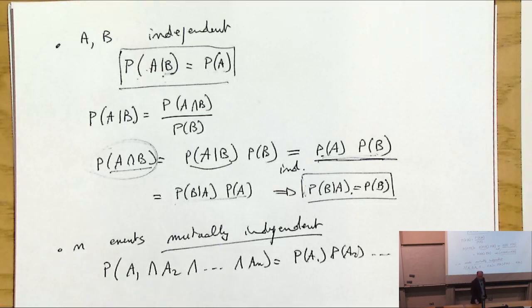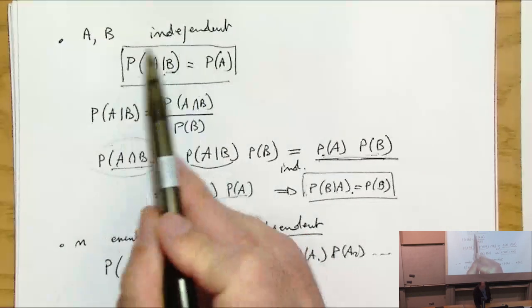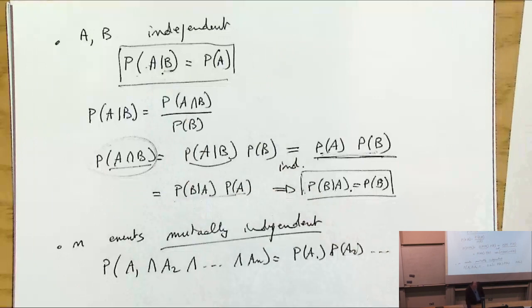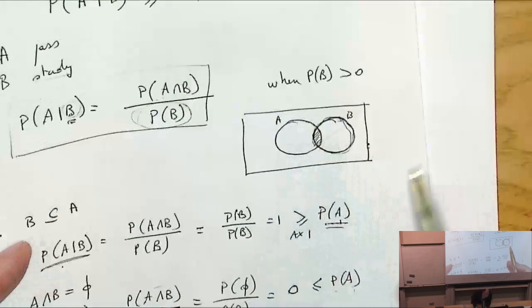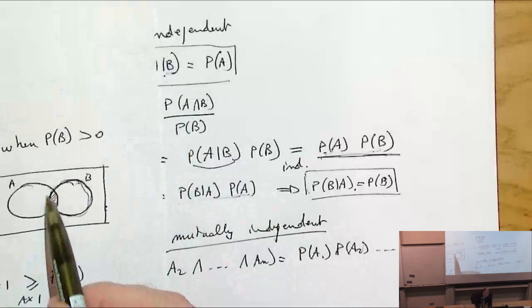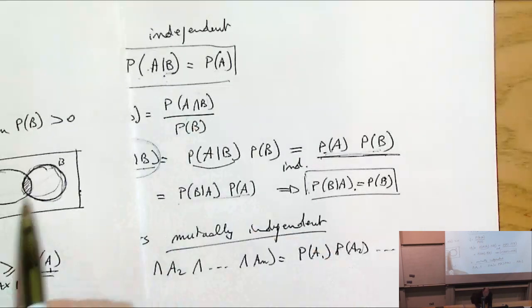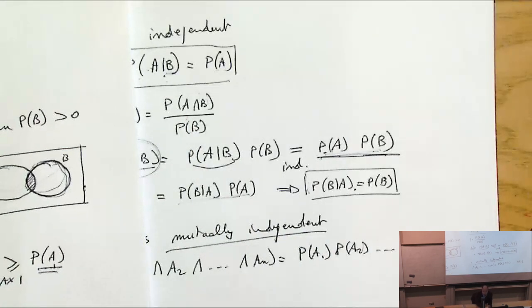So this is what is mathematically written by this. But you see this expression is not something you can easily express using a Venn diagram. What it means is that this ratio between the intersection and P of B would be the same as P of A. But visually, it's not something that you can easily express, right?